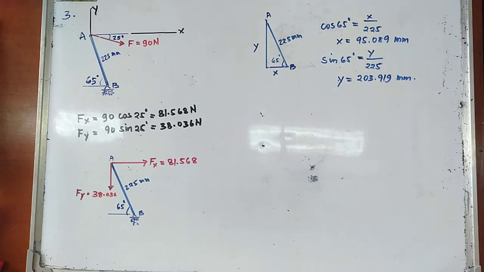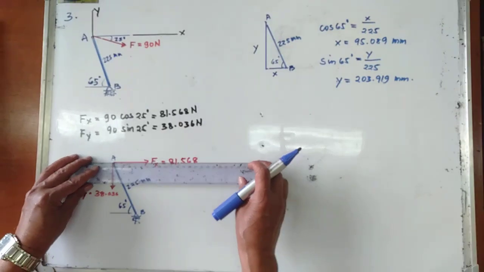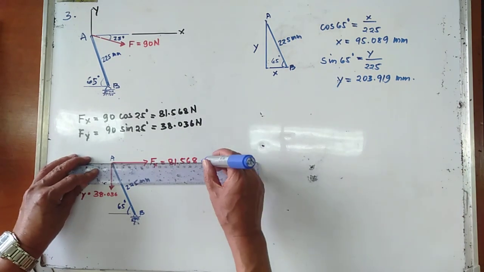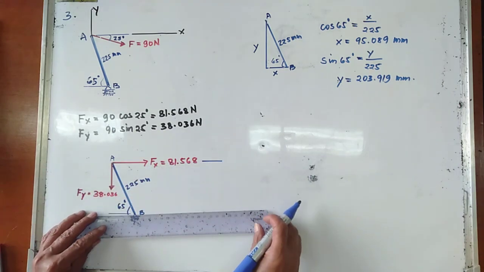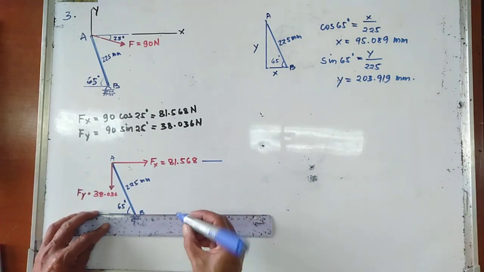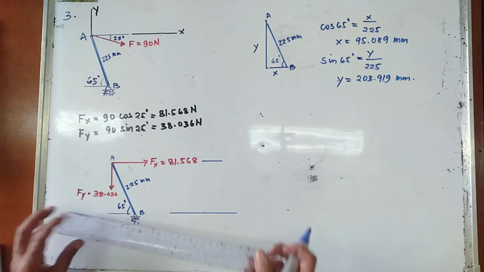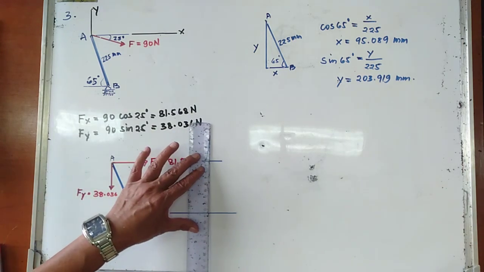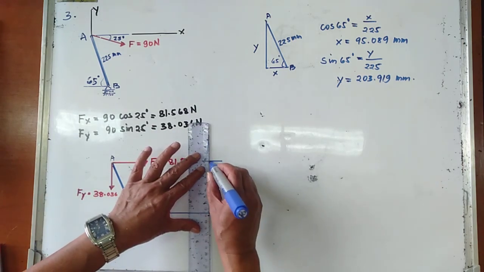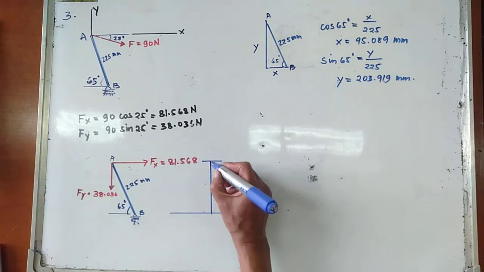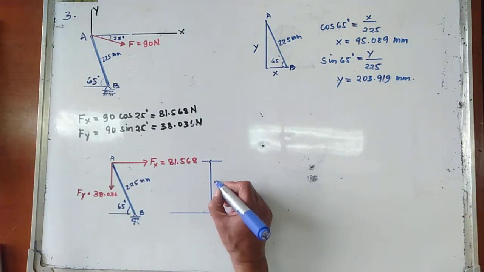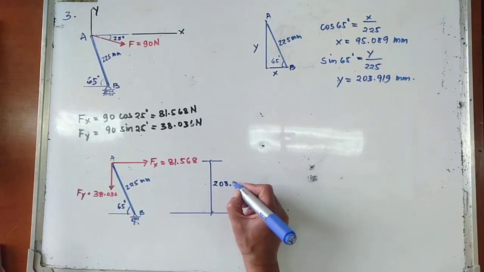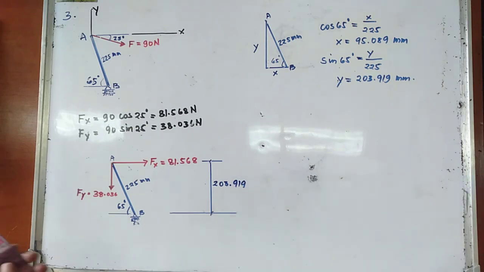Therefore, this distance now is your y, and y is equal to 203.919 mm.